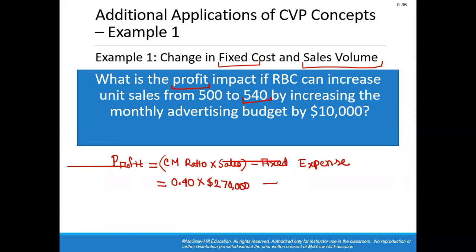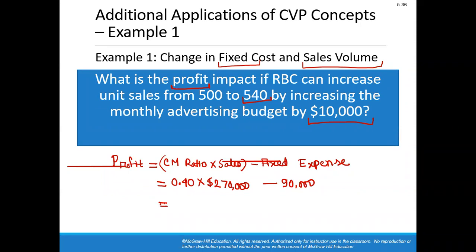Now, what is our fixed expense? In the previous case, 80,000. And now if the fixed expense goes up by 10,000, what will be the new total fixed expense? 90,000, because the advertising expense is a fixed expense.